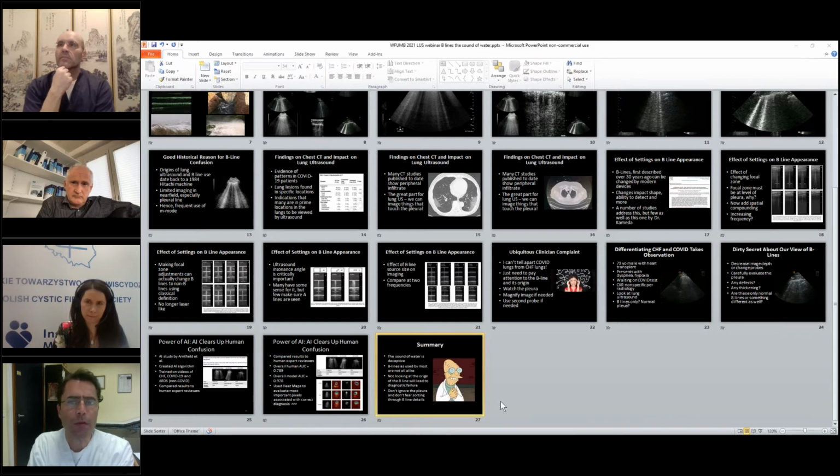For instance, whether small consolidations contribute to a score or should be reported separately, what the size threshold is by which we call a consolidation small or bigger, and whether consolidation should be kept separate from the increasing number of B lines. And I think this created a bit of confusion.